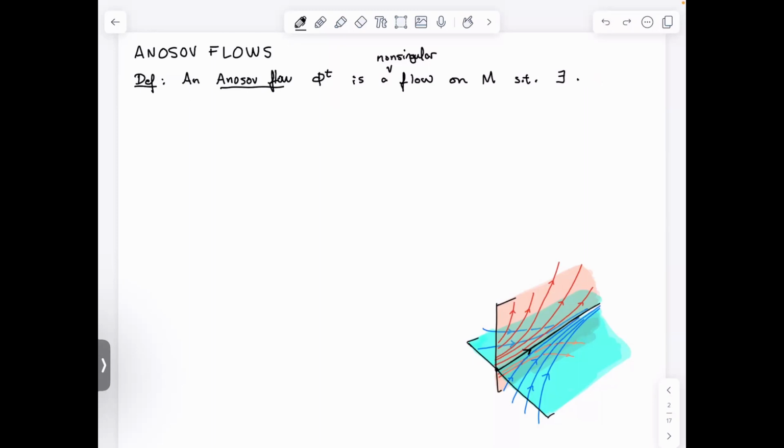So let's do this. There exists an invariant continuous splitting of the tangent bundle of my manifold.